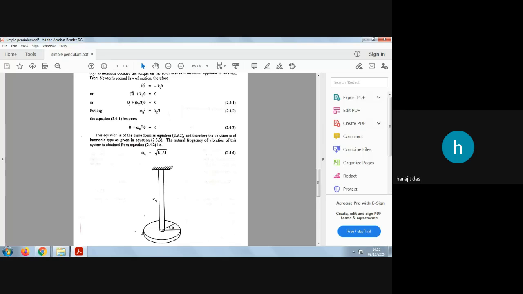Understood? So when it is in the twisting condition, if you apply Newton's second law, what will you get? The external torque. And the value of the external torque is Kt theta.